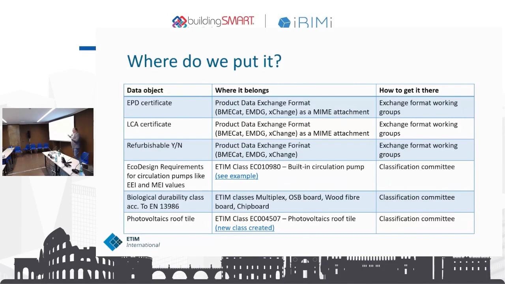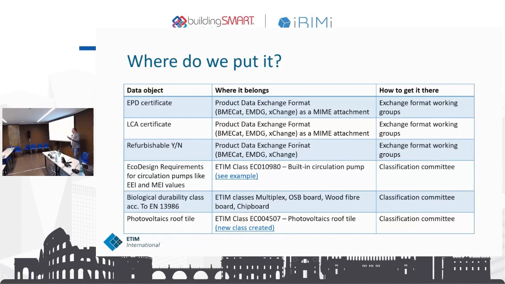But as I said, we're the vehicle. It's doable. You can do it. You can find all those kind of properties already in ETIM classes. Another one is a biological durability class according to EN 13986. It's actually a feature in ETIM, and it's being put into classes for multiplex OSB board, wood fiber board, and chipboard.